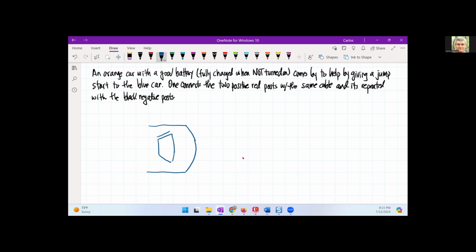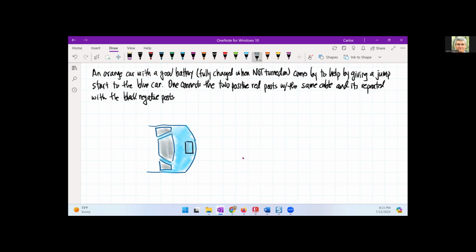And of course, we have side mirrors. And so if this is the blue one, we'll just color this guy out. Now, what we'll look at here is that we need to put in a battery. So we'll say here is that this is a battery right here.